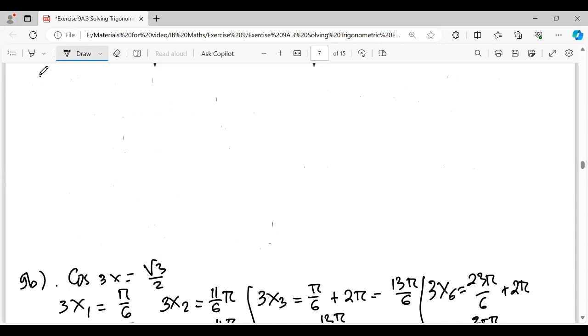Sine x over 2 equals 1 over square root 2.